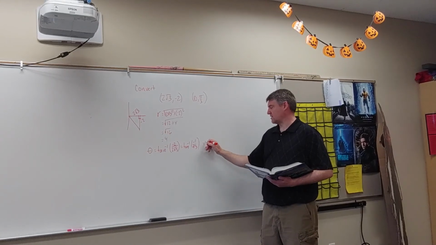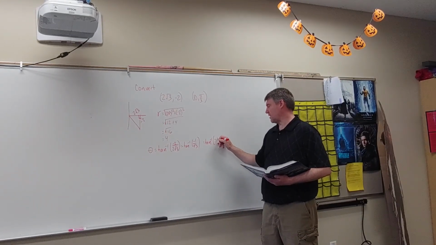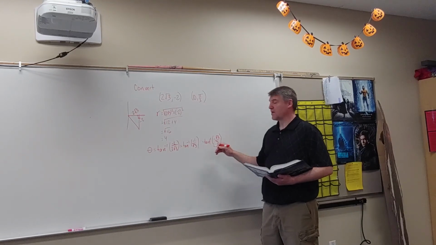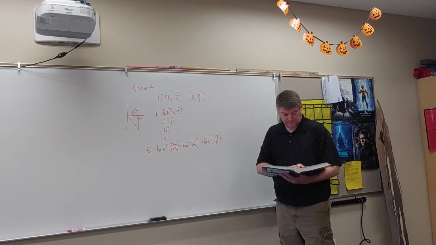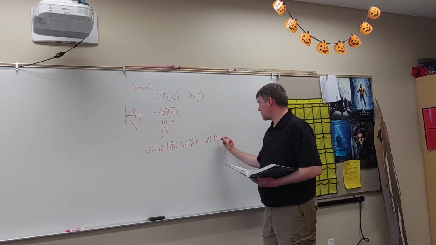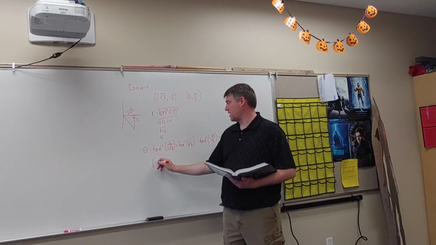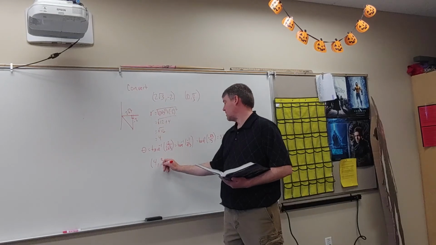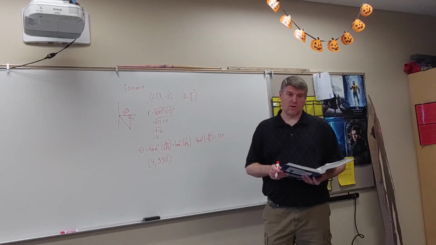You probably have it listed like this: negative root 3 over 3. And you're going to want to find that in your radian conversion chart. And so when I find that, this becomes 330 degrees. And so now my polar coordinate is going to be 4, 330 degrees. And so there's my polar coordinate.